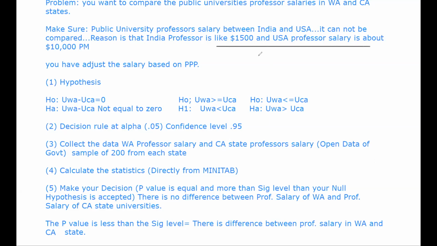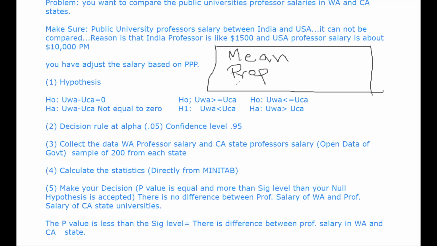Similarly, the hypothesis testing can be based on proportion. It could be based on variance, where we use the chi-square test.